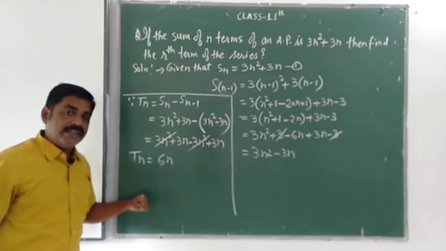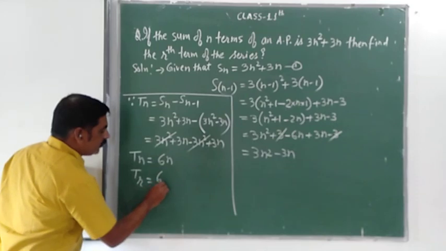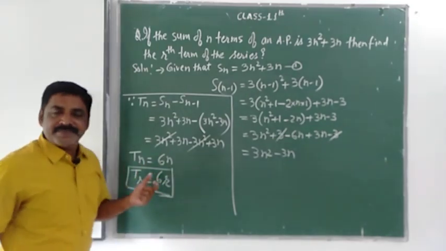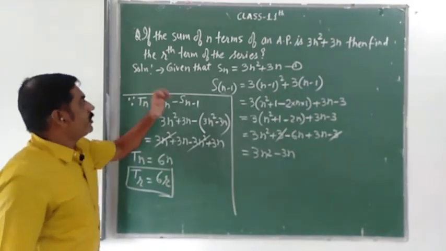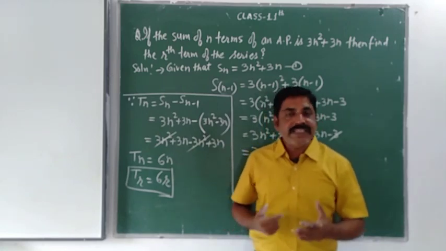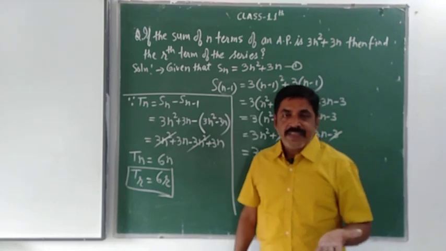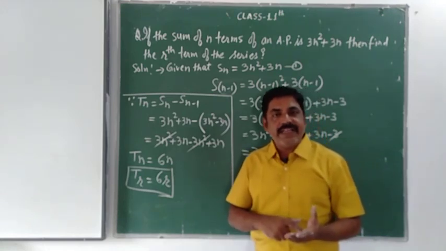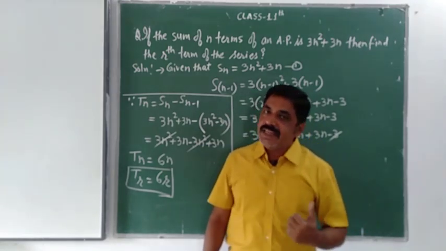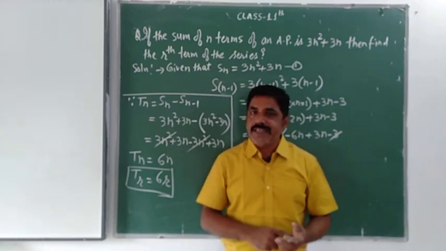And what we have to find? Rth term. So put n as r. So Tr is equal to 6r. Clear? So in this question we have been given the sum of n terms, meaning Sn, and we have to find the rth term. So first of all find the nth term. There is a formula to find the nth term whenever we are given the sum of n terms.